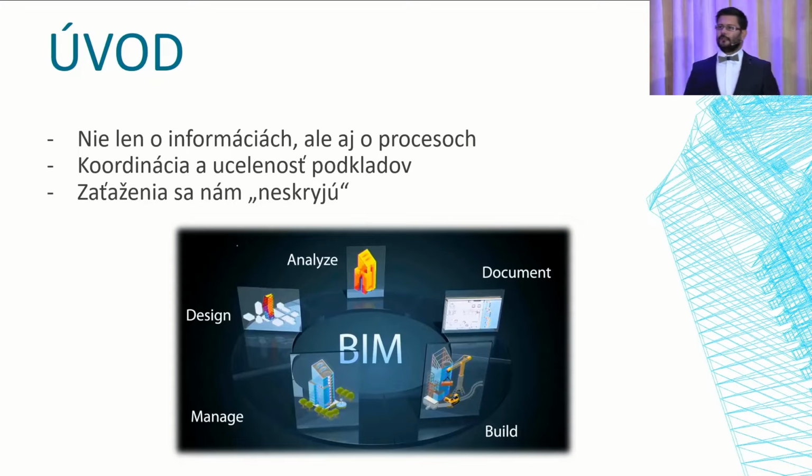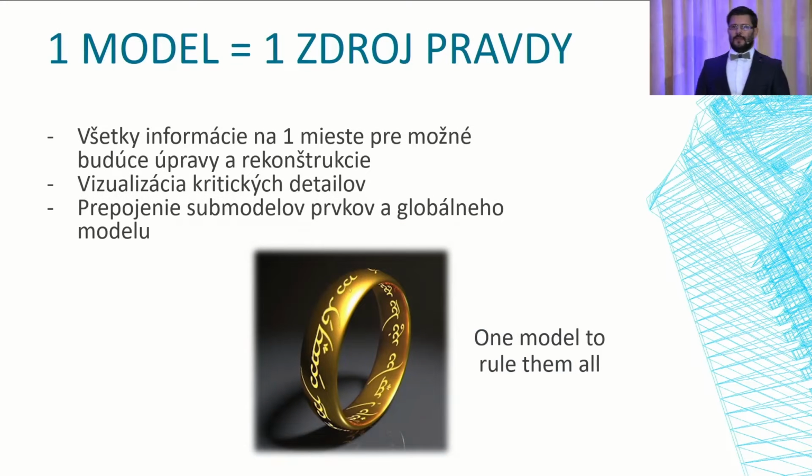A very interesting function in BIM is that we can have a single model, which is a single source of truth. Normally, the people creating these calculations have to use various sources.